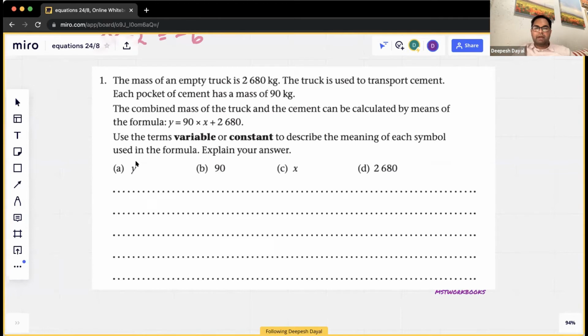And the combined mass of the truck and the cement can be calculated by means of the formula 90 times x plus 2680, and use the terms variable and constant to describe the meaning of each symbol used in the formula. Okay, so what can you tell me about y?